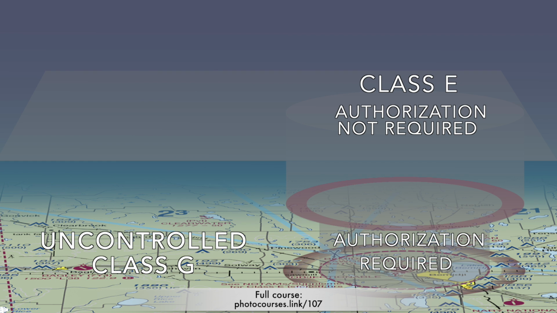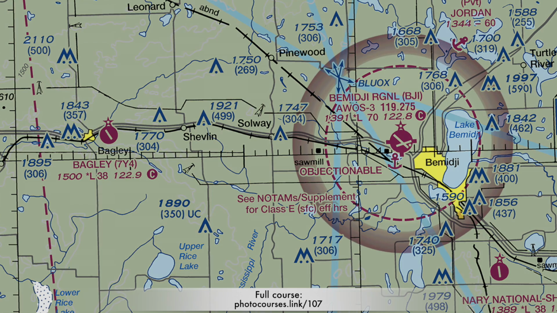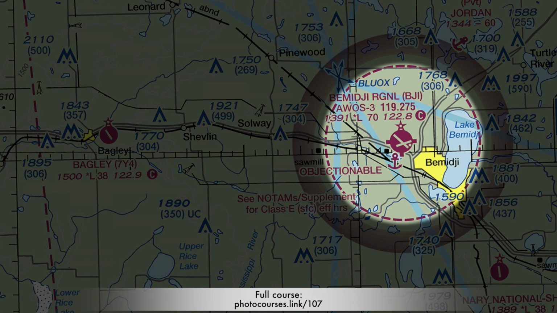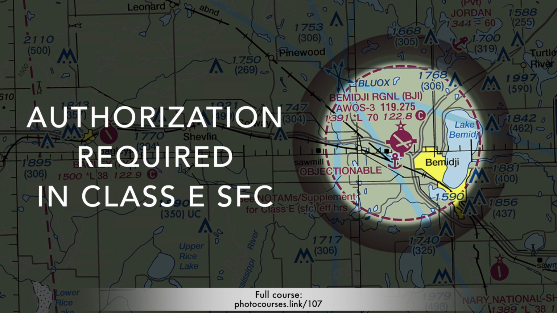So now if we just look at this from the perspective of where do I need authorization to fly as a drone pilot in all of these different types of Class E airspace, even though there are those three types, you only need authorization to fly in that Class E surface airspace surrounding an airport inside of that dashed magenta line.